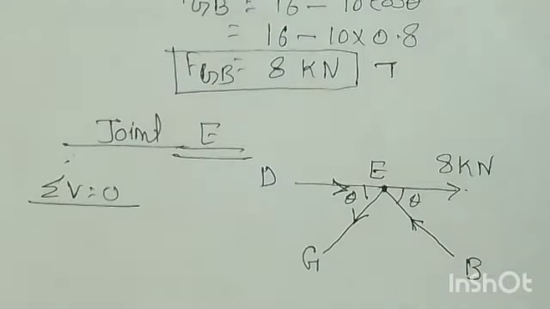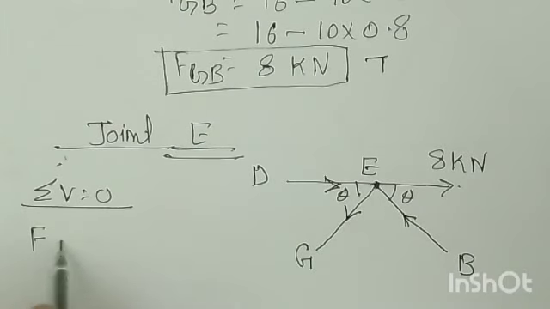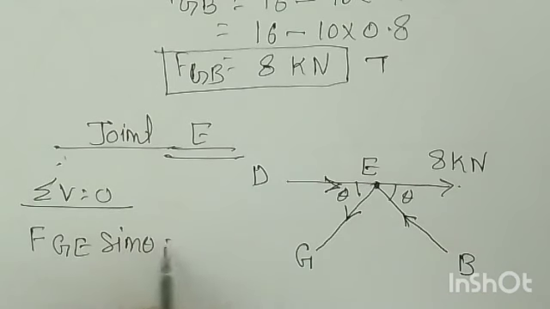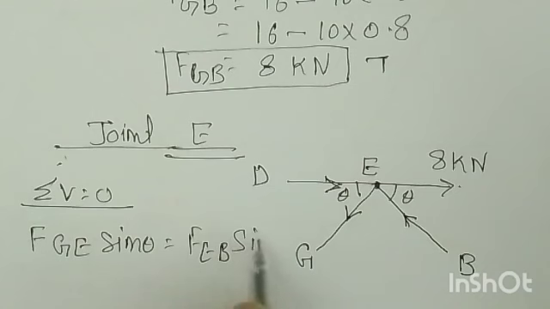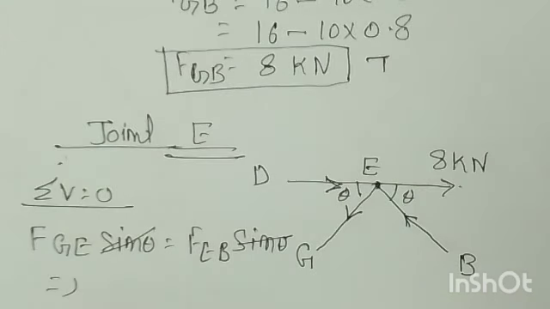So F_GE sine theta is equal to F_EB sine theta, so sine theta and sine theta will get cancelled. It means these two forces are equal. And F_BE is equal to what? F_BE is nothing but the 10 kilonewton, we already calculated.